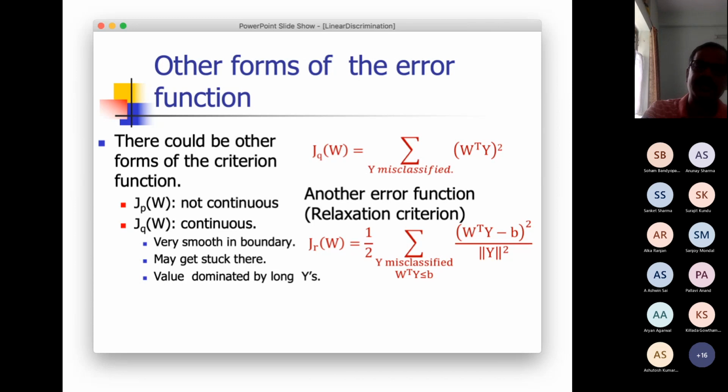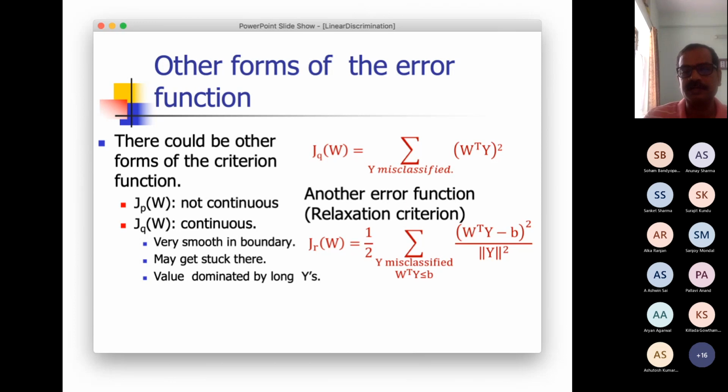So we can normalize it, and also we can have some margin of, I should say, confidence. It is considered misclassified only if the value is less than a certain value, b, and only then are you considering it. Otherwise, you are not, because there may be noise, and the samples which are lying very close to the margin of the separation, maybe we should ignore them. So that is how we are considering only those samples misclassified with a large margin.